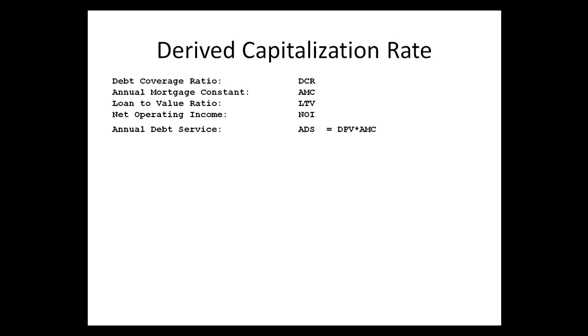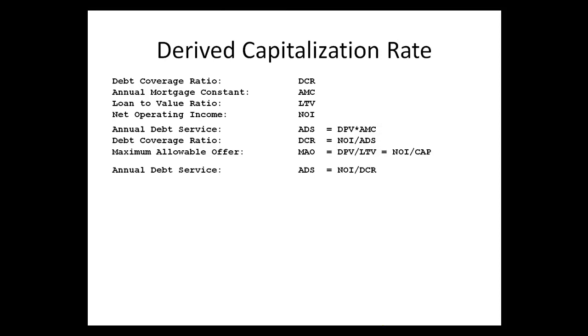The annual debt service is equal to the debt present value times the annual mortgage constant. The debt coverage ratio is equal to the net operating income divided by the annual debt service. The maximum allowable offer, or the value of the property, is equal to the debt present value divided by the loan-to-value, which is equal to the net operating income divided by the capitalization rate.